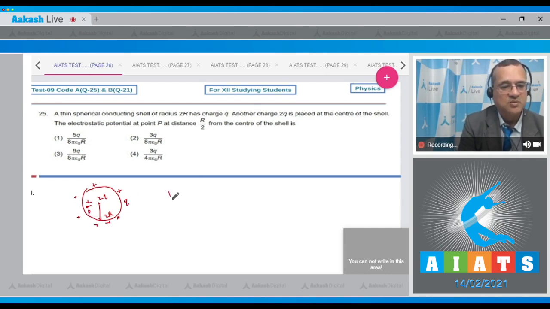So now by the rule of superposition, total potential will be equal to that because of this and because of this charge. Now what is potential due to this? That is equal to kq by 2R. The potential of the surface will be the same anywhere inside, and potential due to this charge at this point is equal to k into 2q divided by the distance R by 2.